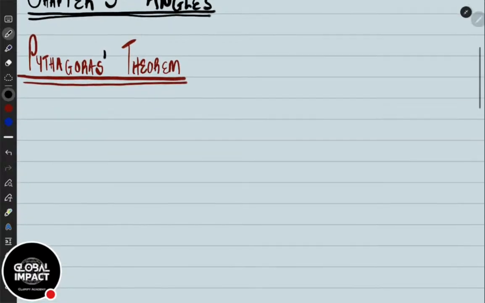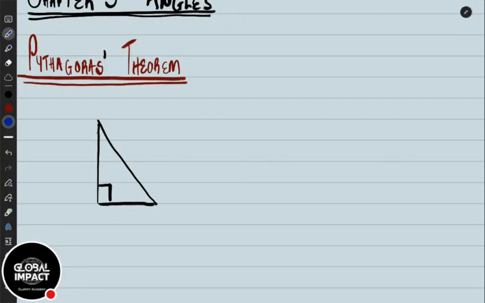For Pythagoras theorem, you are going to be having a right angled triangle. This is the only situation where this theorem is used. You'll be having two sides and you'll be looking for the third one.